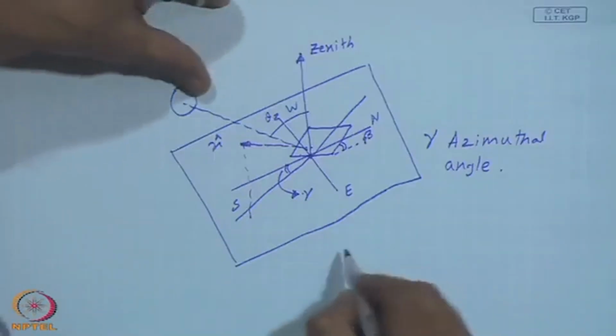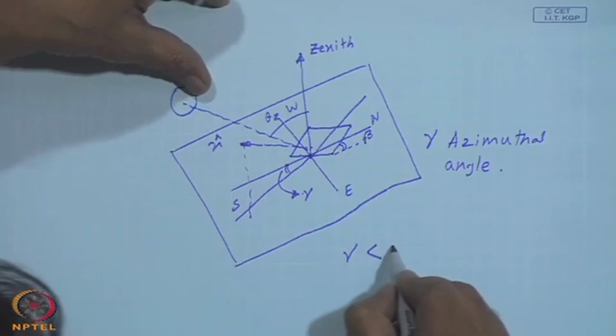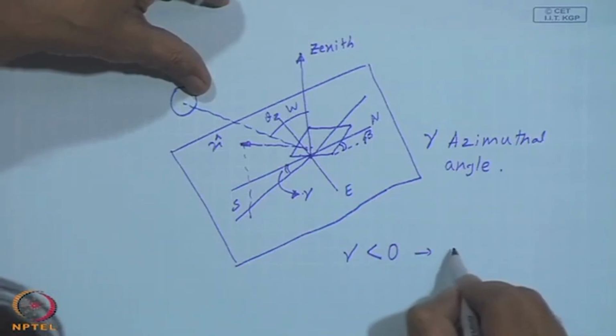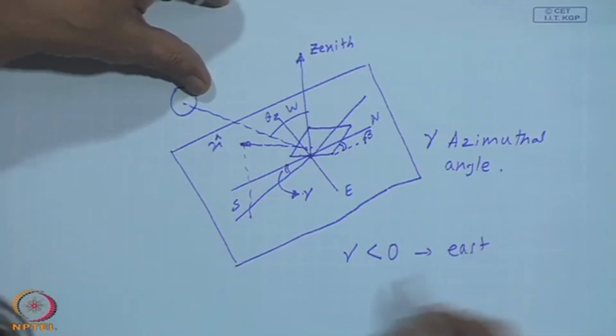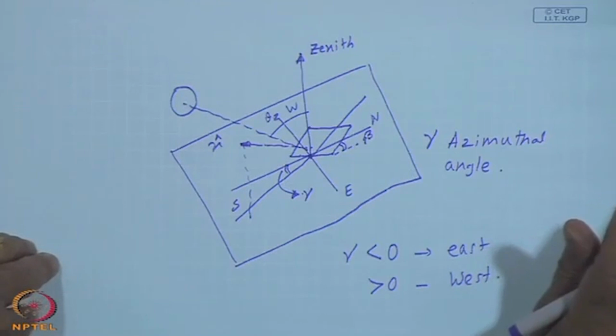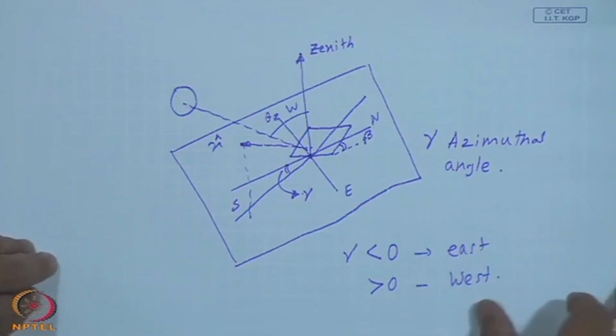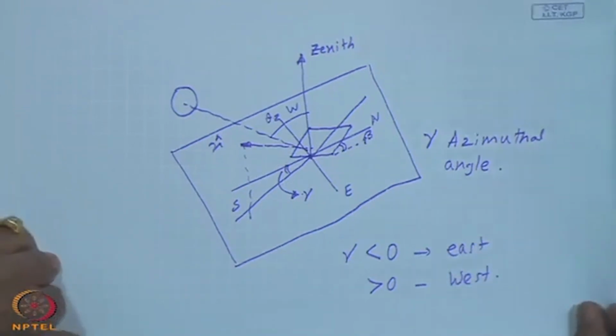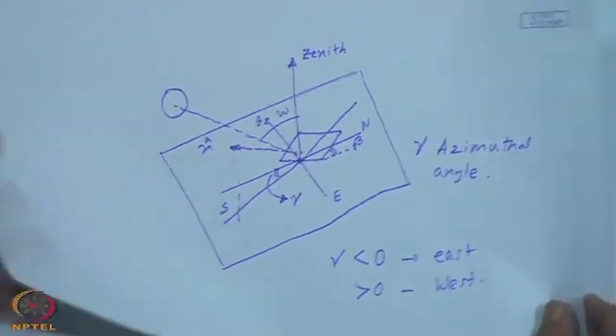Okay? And this azimuthal angle is gamma negative towards east and towards west it is positive. This is consistent with that time notation, hour angle being negative in the morning and positive being in the afternoon.